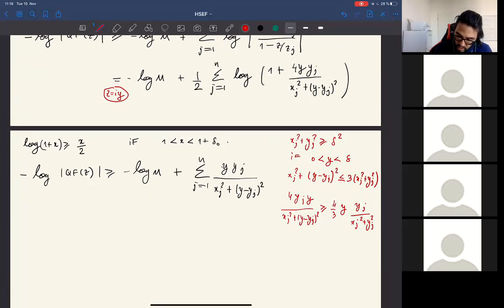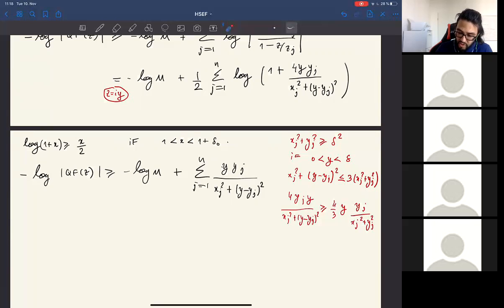But then we know that this bit converges, so therefore this is a bounded sequence, okay? So therefore, if y is small, you guarantee that this whole bit is small.